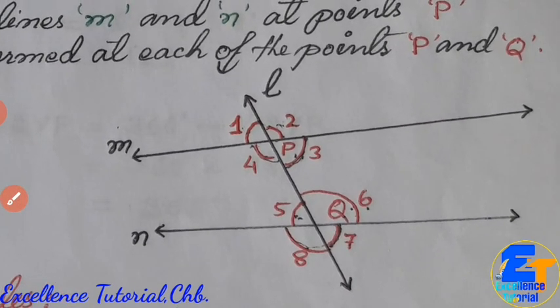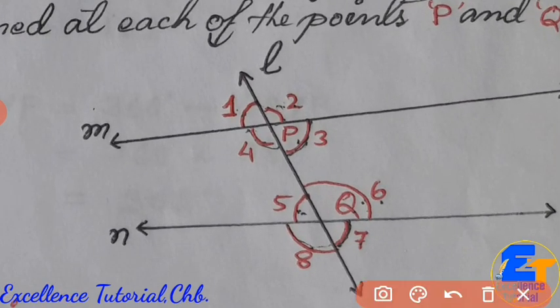Now see, if you are taking angle 1, see in the figure, this is our angle 1. Remember angle 1 lies on the left of the transversal and above the line M. In the same way, the location should be the same.